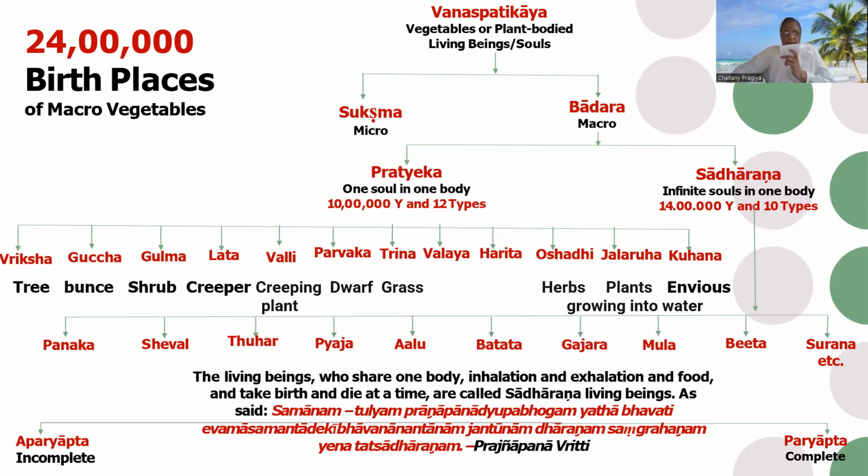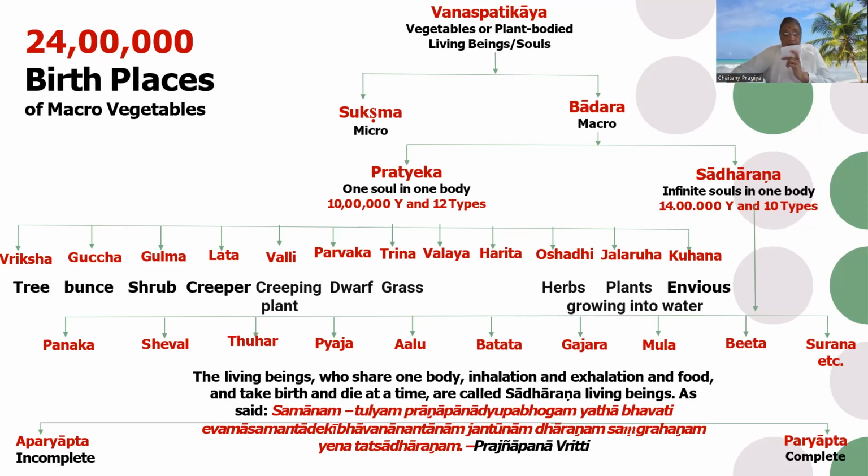So some of the English words which I could find out, I have given here. Vriksha means a tree, Gucha means a bunch, Gulma means a shrub, Lata means a creeper, Valli means a creeper plant, Parvak means a dwarf, Trin means a grass, Valai is also a kind of plant, Harit is also a kind of plant, Aushadhi, all types of herbs which are used as medicine, they are also a kind of plants.